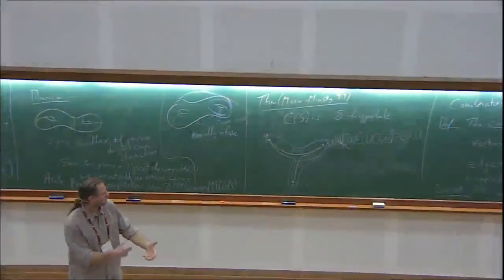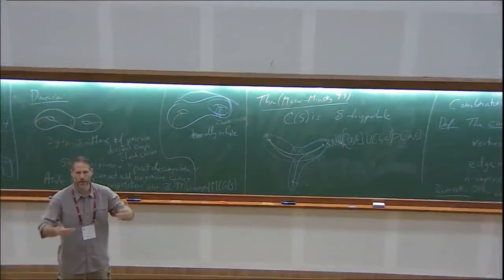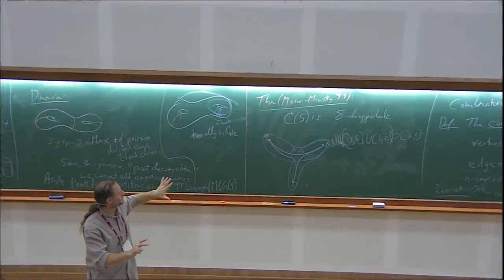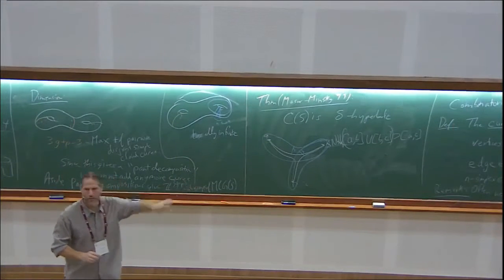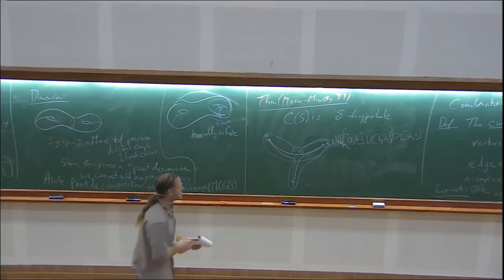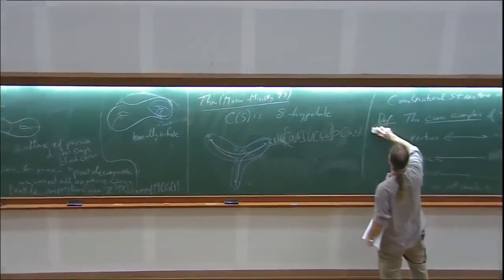A lot of the understanding of the large scale geometry involves playing off between these flats and flat-like things in the mapping class group and the negative curvature you get out of the curve complex.